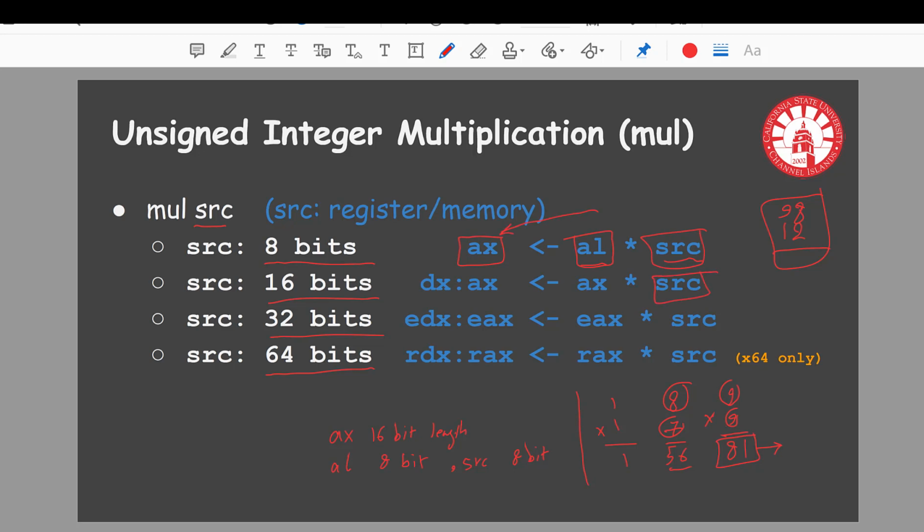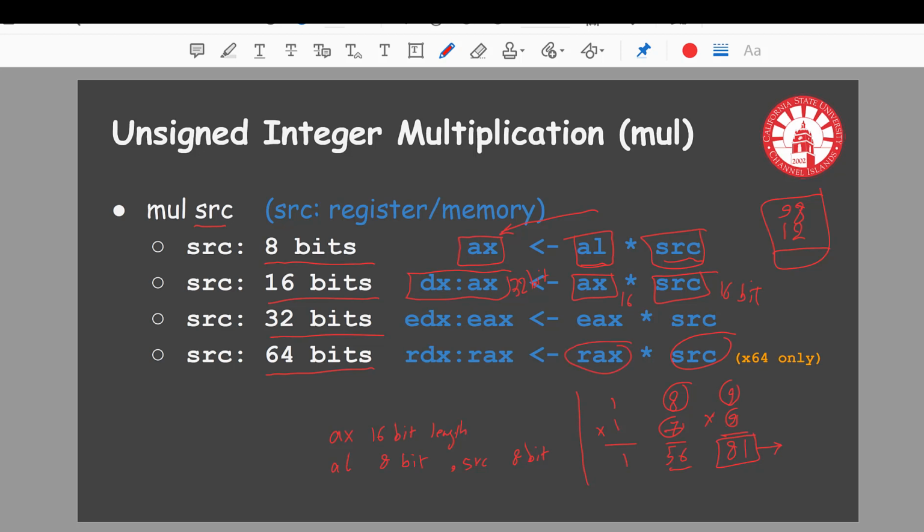In here, source is 16-bit, AX is 16-bit. The result is going to be stored in DX concatenated with AX register, which is 32 bits of space, but each of these is 16-bit. And the last one is source is 64-bit.